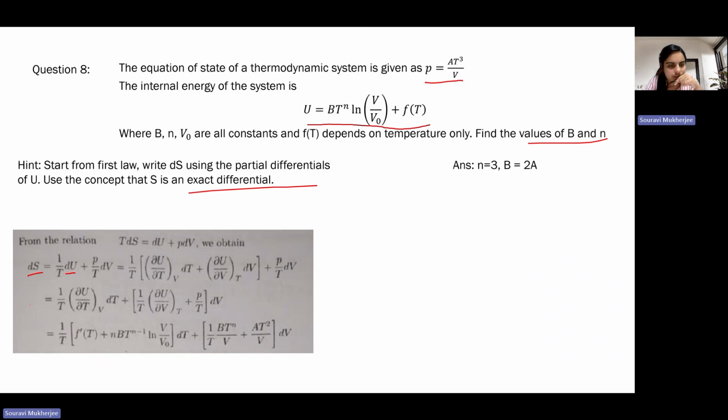Now what you do is you take this term and rearrange it, collecting the dT and dV terms separately, right? So what is this giving you? This is giving you dS in terms of dT and dV.